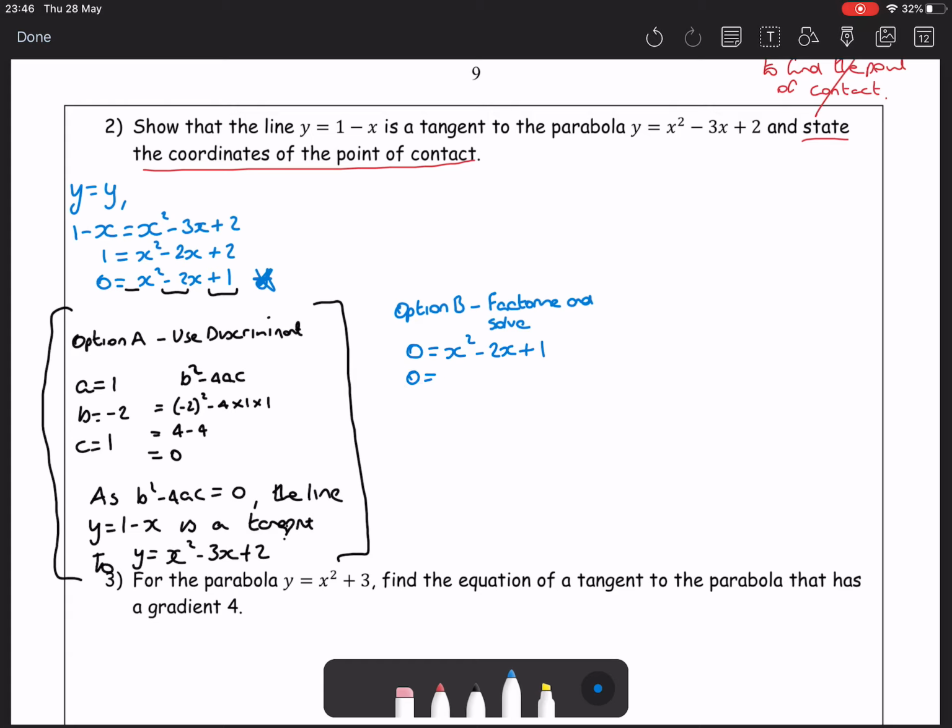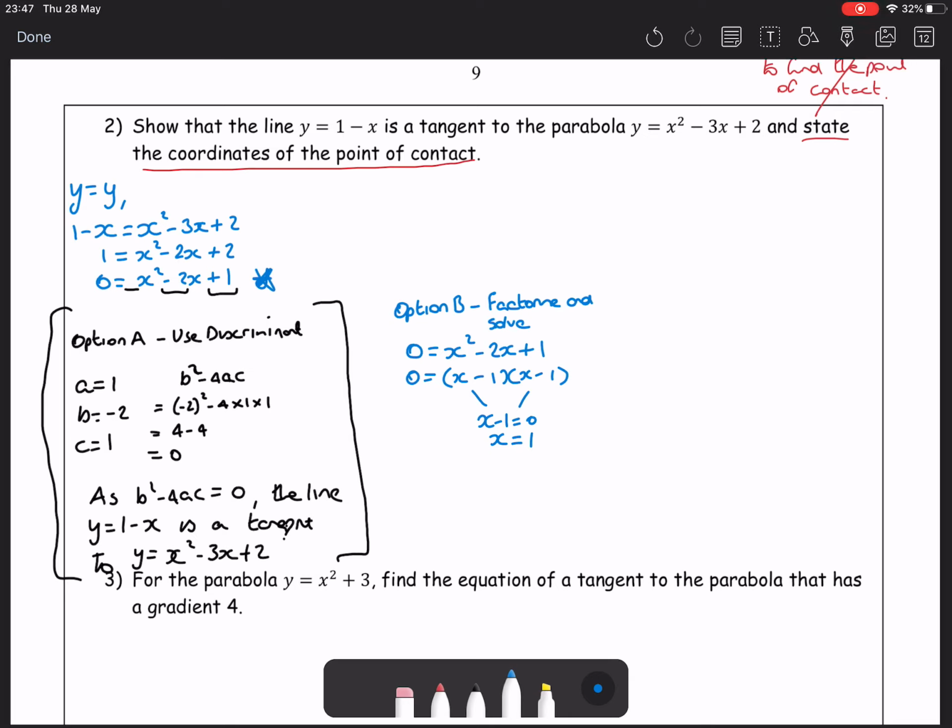Factorise and solve. The only way I can get the 1, and then it's a minus 2, so both of them have to be negative. And both those brackets are the same, so x is equal to 1.